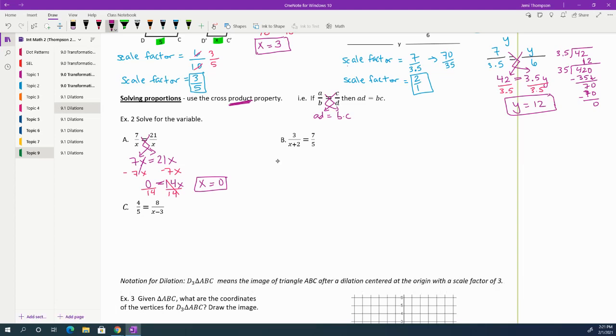Problem B. So I'm going to crisscross multiply. There is a hint that I would like you to write down.